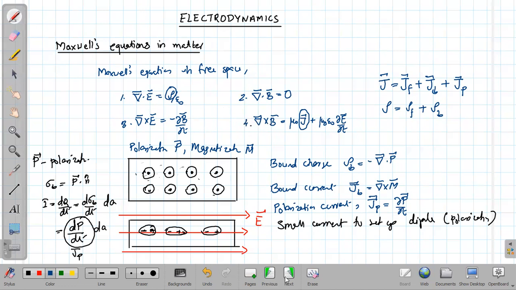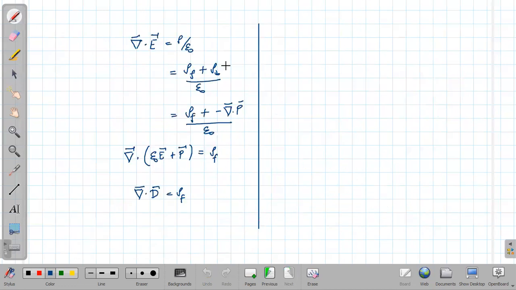Del cross B now becomes del cross B equals mu 0 J plus mu 0 epsilon 0 dou E by dou t.